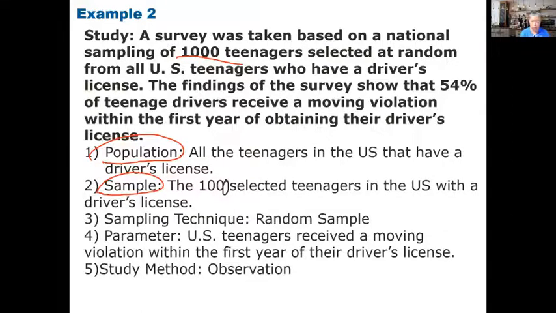So it's just, you simply observe, you just count how many, right? Then what was the result that they presented here? So now we can see, they say the results that they found out is 54%, right?